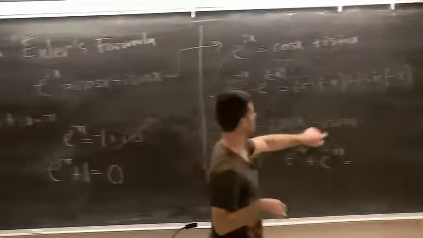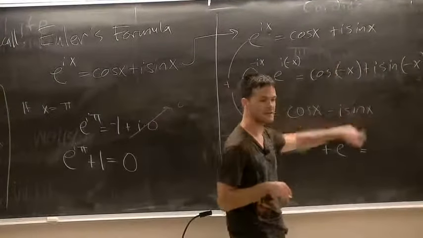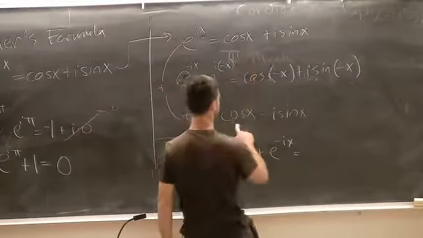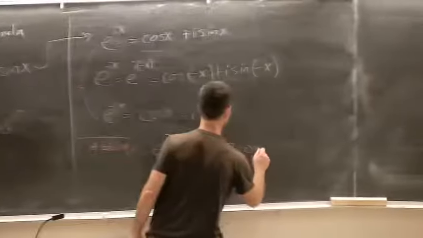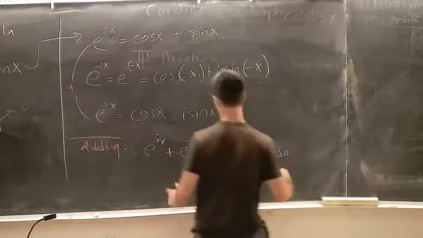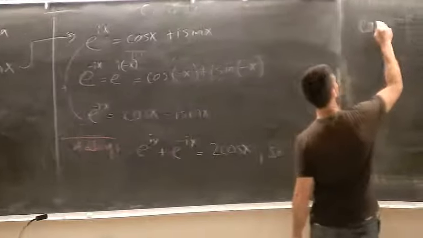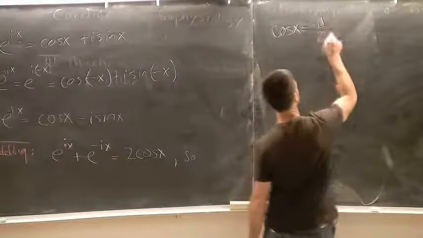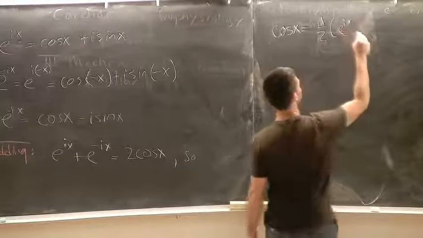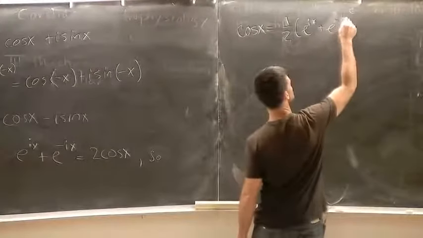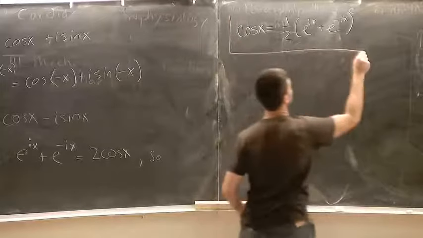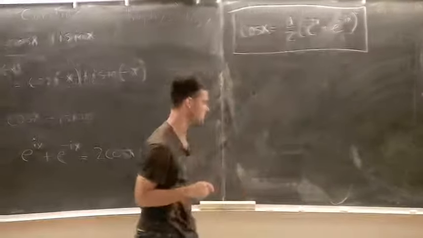Well, the plus i sign and the minus i sign cancel out, so I just get 2 copies of cosine. So if I divide this by 2, I get a formula for cosine in terms of imaginary exponentials. Sweet. That's fantastic. That's going to be super useful.